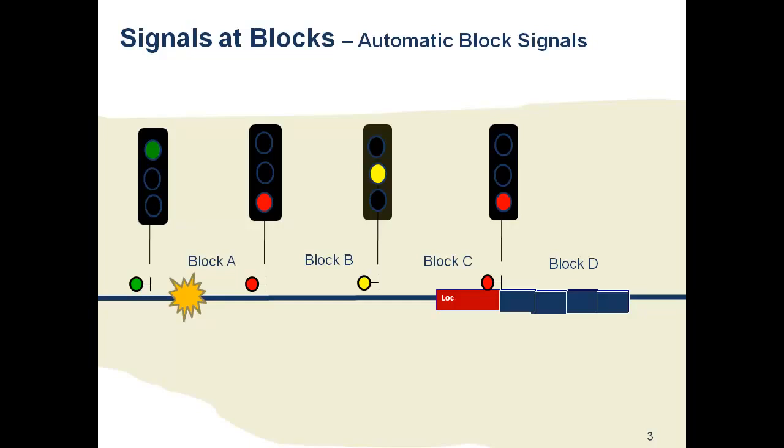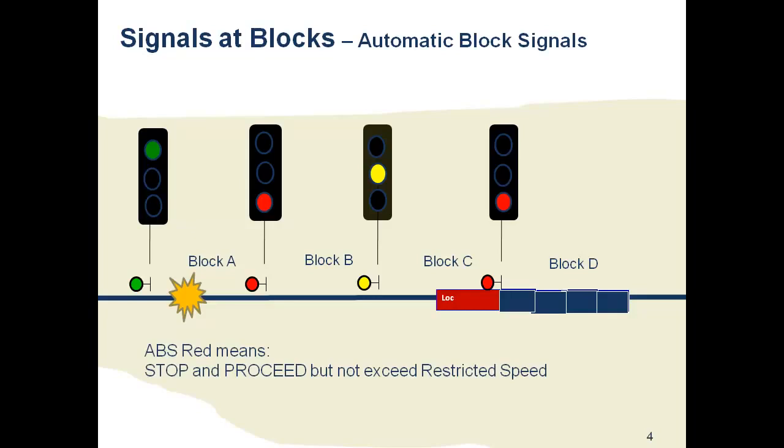Well, let's talk for a minute about the signal aspects. On this slide, we see a single-headed signal. Yes, ABS signals typically have one head and one lit light. Distance signals, however, typically have two heads, as we will see on the next slide. Before we move on, it is important to note the definition of signals.